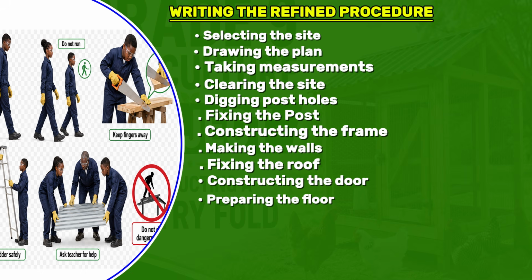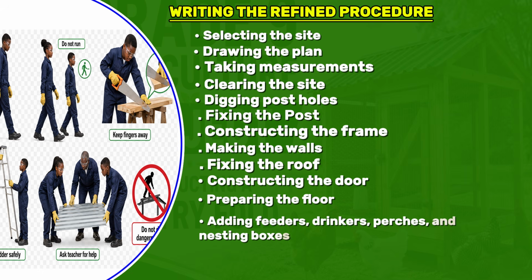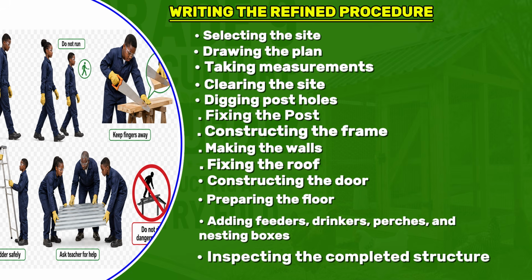You know, this should all be in your procedure. Also in your procedure, you can include adding feeders, drinkers, perches, and nesting boxes for the birds. And also, the last thing should be inspecting the completed structure. That is important to say that you are inspecting to make sure that everything is in place.